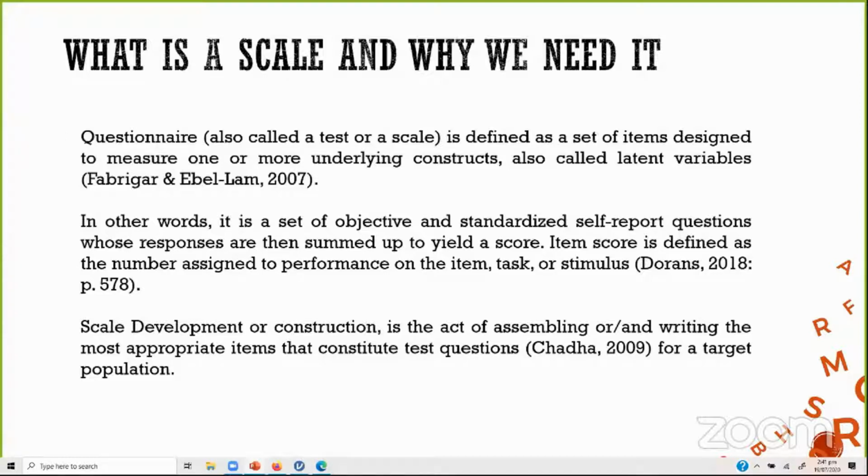So you get rid of all those questions that do not measure the underlying construct. How do you do this? If you have your own understanding, okay, this question does not relate to this particular latent construct or this scale that I'm developing, you get rid of it. And then you seek help from experts to establish whether a particular item belongs to this particular scale or not.